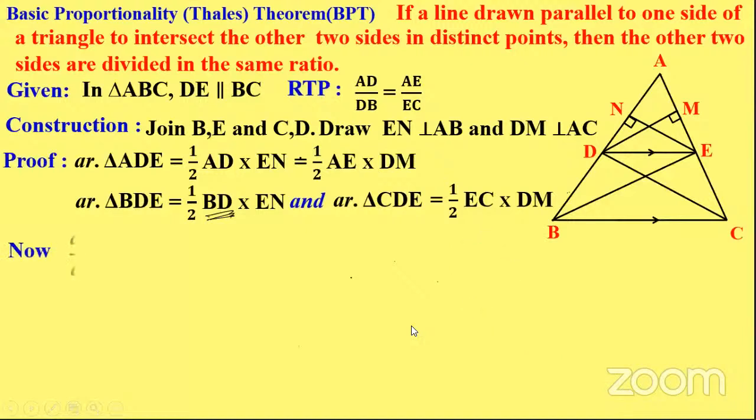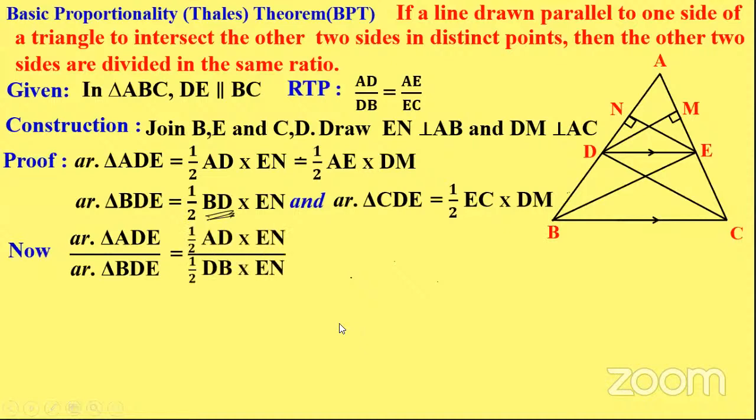Now, let us divide the ADE and BDE areas. Area of triangle ADE by area of triangle BDE: find the ratio. ADE is half AD into EN, and BDE is half DB into EN.